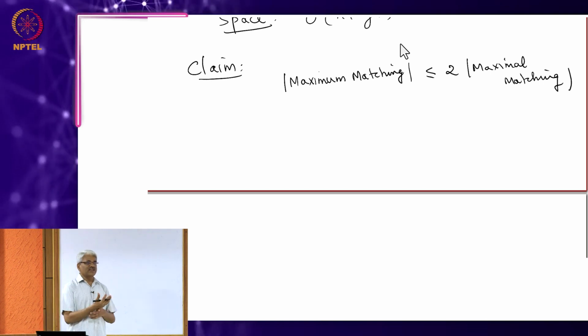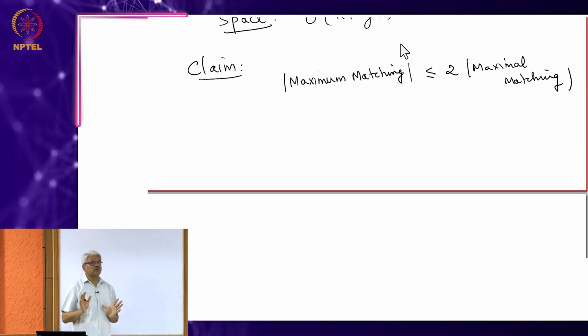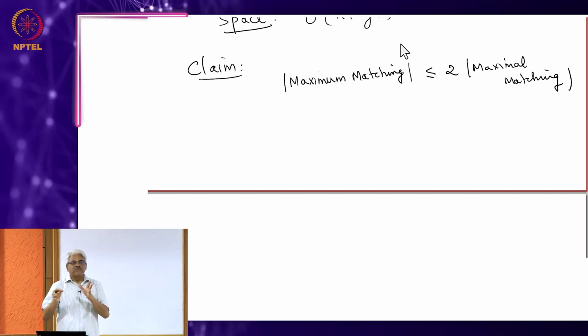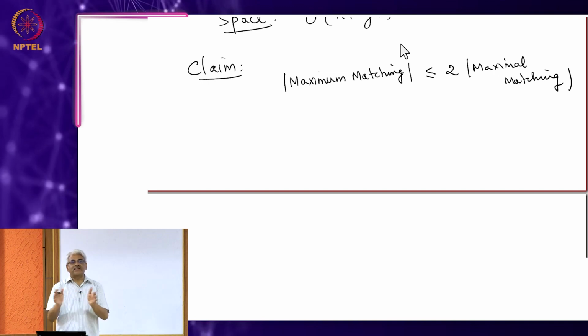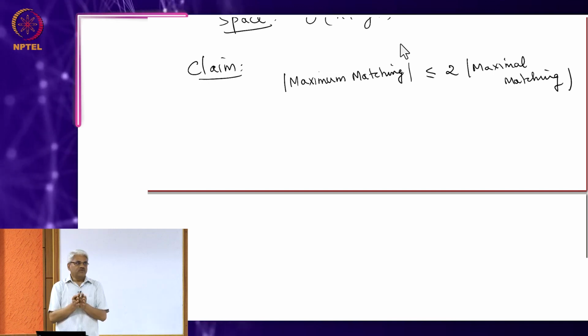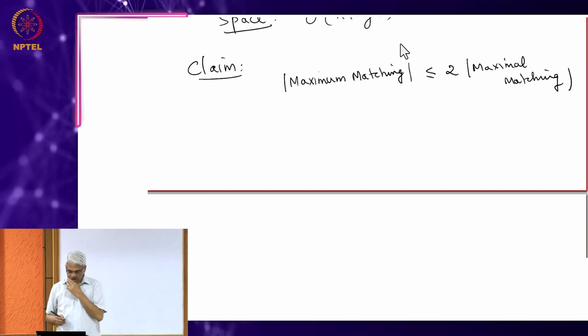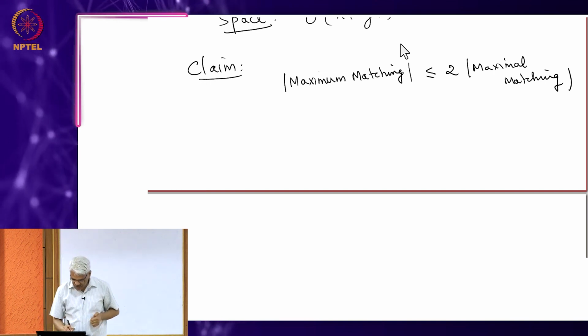So, what I am storing is a 2 approximate solution, right? If the maximum matching is 100, I may be storing some 50, not less than that, 50 or above. So I am not too far from the optimum. Why is this true? Let's see the very simple proof of it.